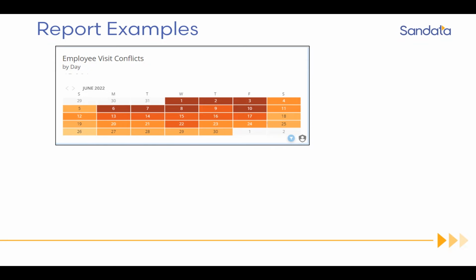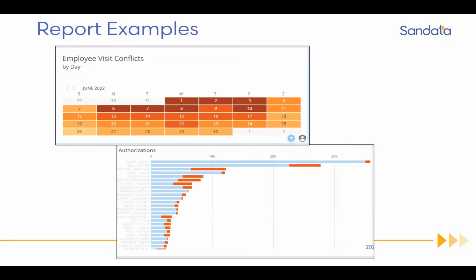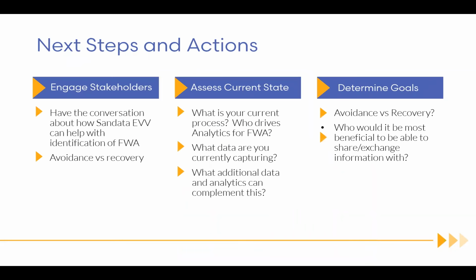So this is a heat map that shows the days on which we had more of these sort of incidents. And here is one that shows authorization violations. These are visits that were made even though the authorization had expired. Okay, so just two examples that I wanted to show you.